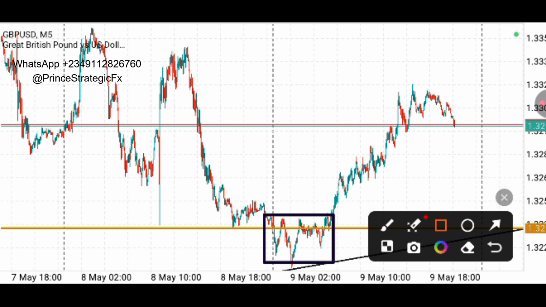But if it does, it is also a win for you, because you are going to see a breakout and a retest for you to enter.